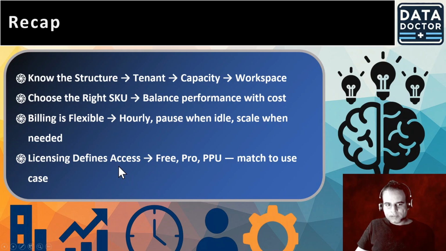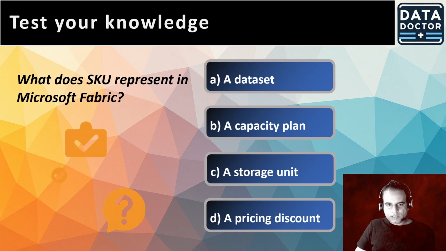Licensing defines access, so there are three options available: free, Pro, or Premium per user, and we can match them to our use cases. And with this, I hope that you have now gained a better understanding. Let's go to a couple of quizzes and see if you understand it properly.